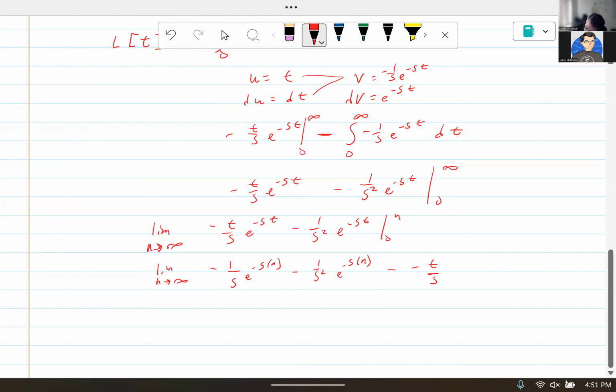negative 0 over s e to the negative s times 0, minus 1 over s squared e to the negative s times 0.